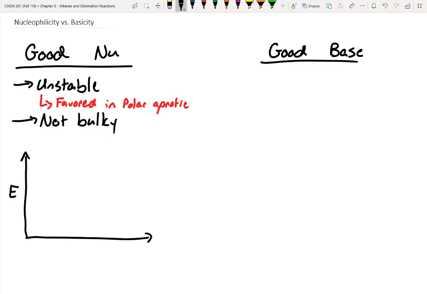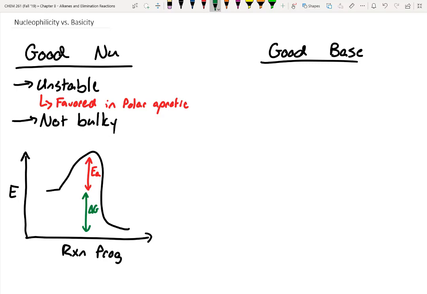So we've got energy here, we've got our reaction progress down here. If we think about a good nucleophile in an SN2 reaction, are we really concerned about our activation energy, or do we care about our delta G? What do you think?